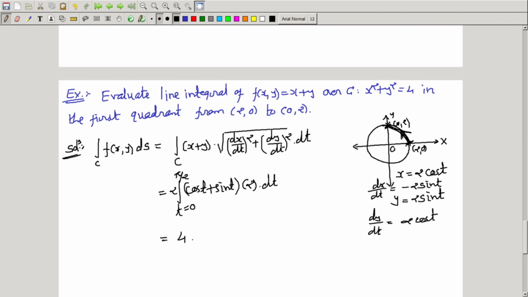So this is equal to 4 times the integration of cos t is sin t, integration of sin t is minus cos t from t is equal to 0 to pi by 2. What is the answer?